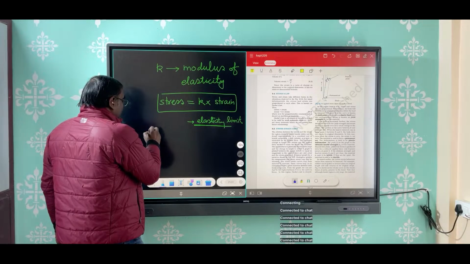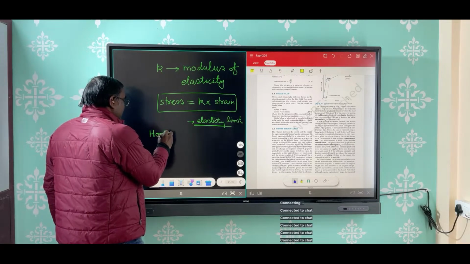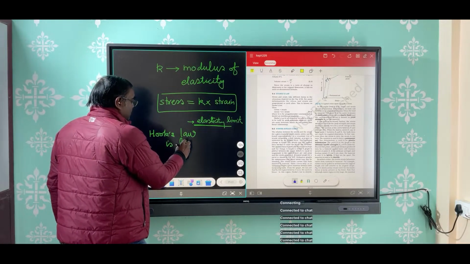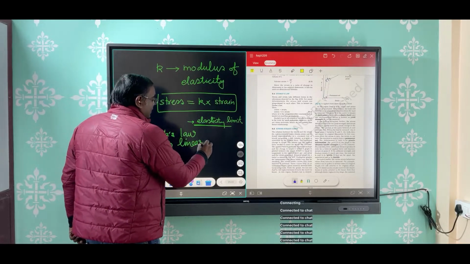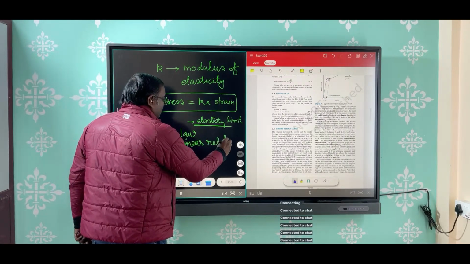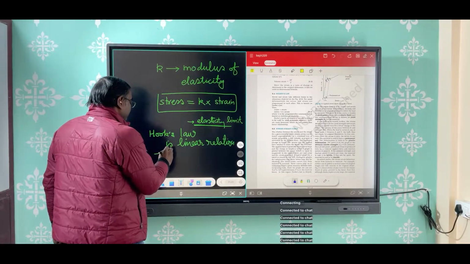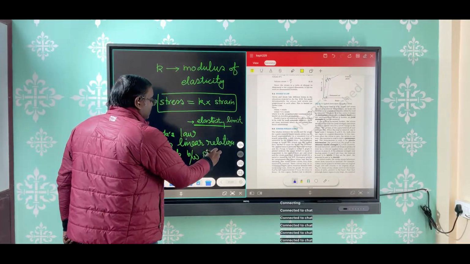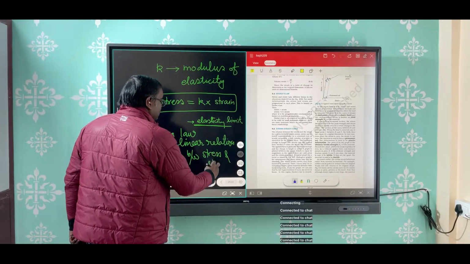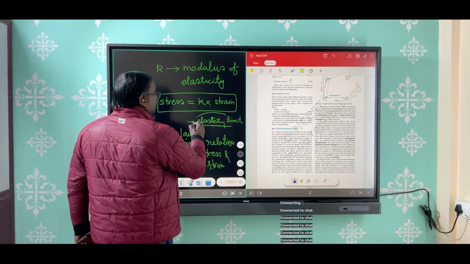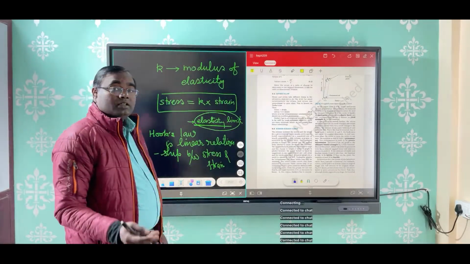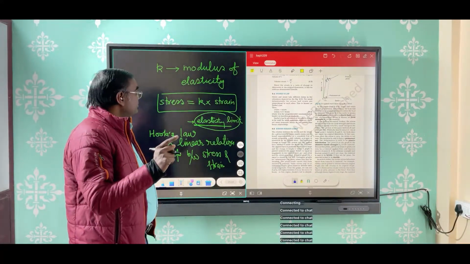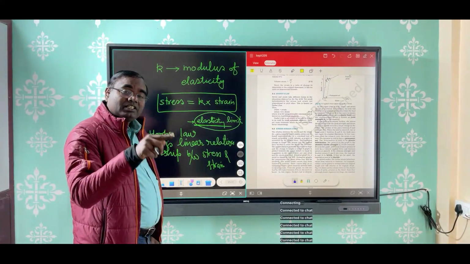So Hooke's law is a linear relationship between stress and strain for a material which is elastic, and the stress is under the elastic limit.